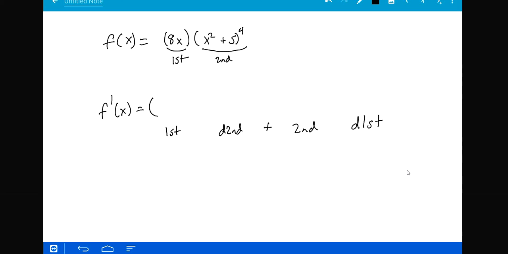All we're going to do is go in and fill into these parentheses. Again, we learned this rule in the last section. Okay, so first is 8x, no biggie there. D second, so we've got to do the derivative of second here. Now notice again, you have that exponent on that parentheses.